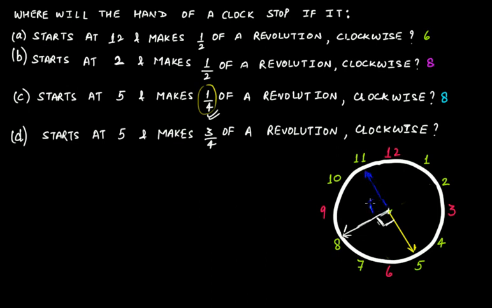This will be the next right angle, and then again 1 interval, 2 intervals and 3 intervals. Let me take a different color so that you don't get confused. So if our hand is at 2, it has taken another right angle, and that's what makes 3/4 of a revolution, that is 3 right angles, and therefore your hour hand will be at 2.